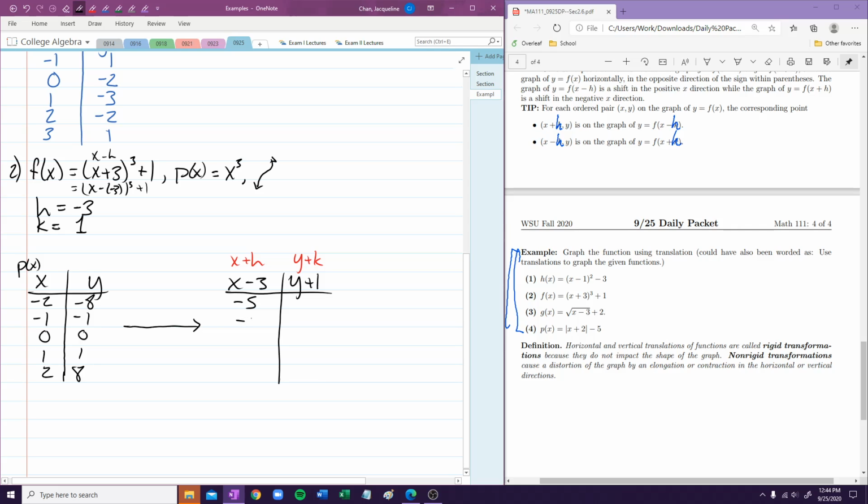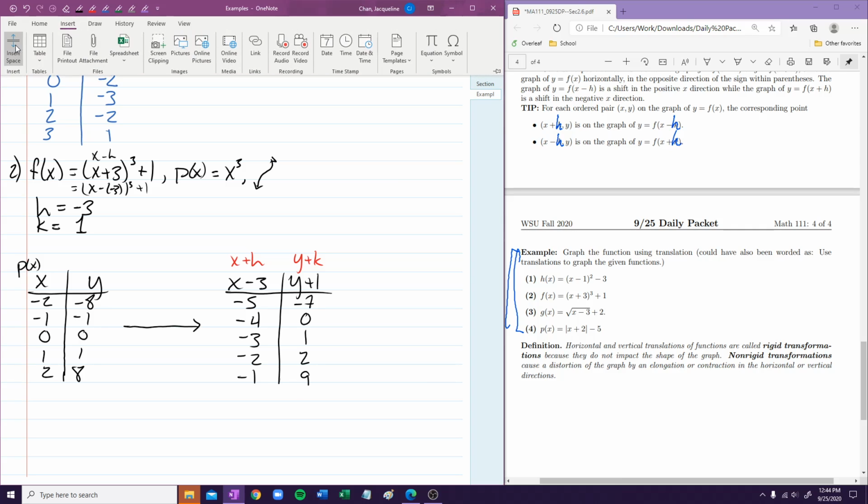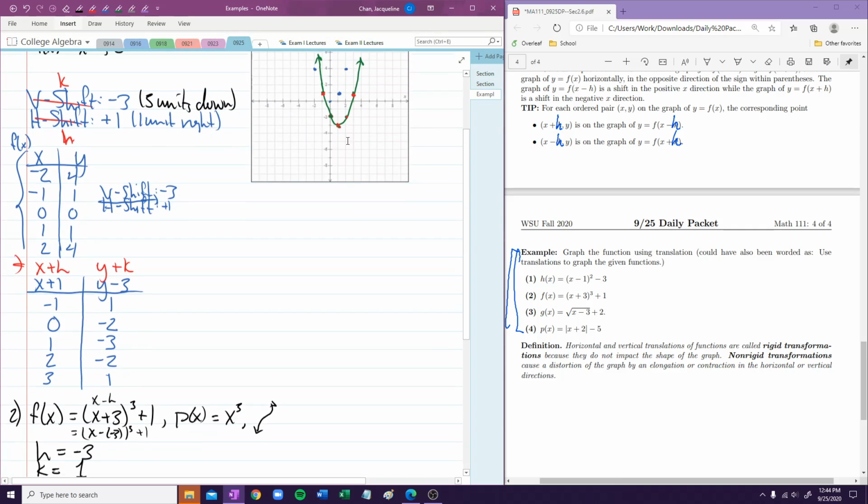This is negative 4, negative 3, negative 2, negative 1. For y, negative 8 plus 1 is negative 7. Negative 1 plus 1 is 0. This is 1, 0, and, no. Negative 7, 0, 1, 2, 9. Let me grab a graph real fast.